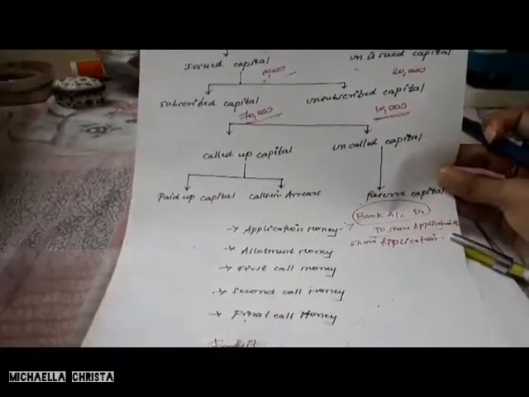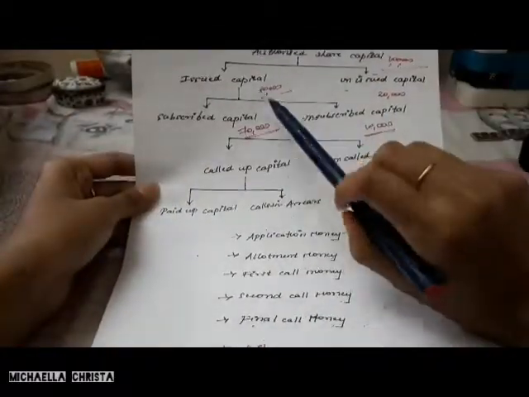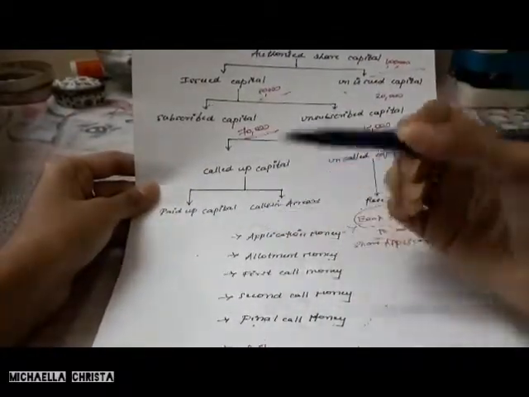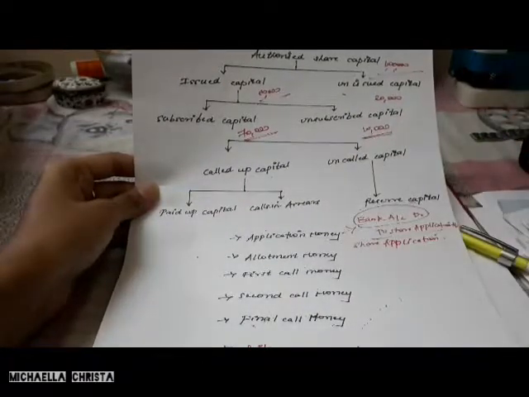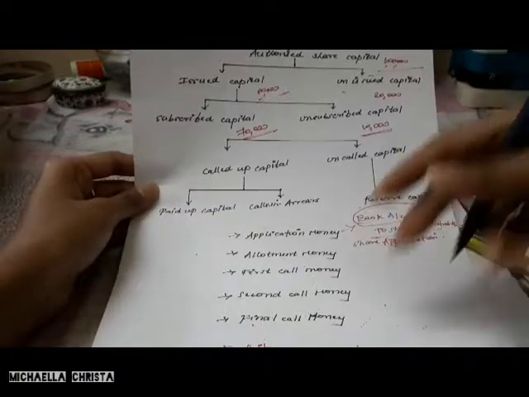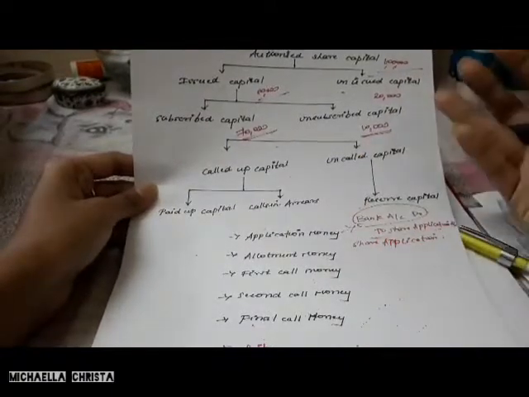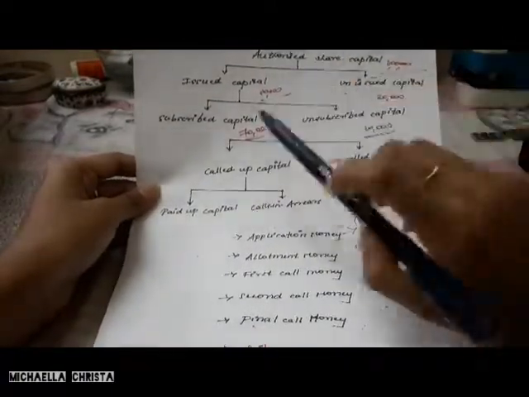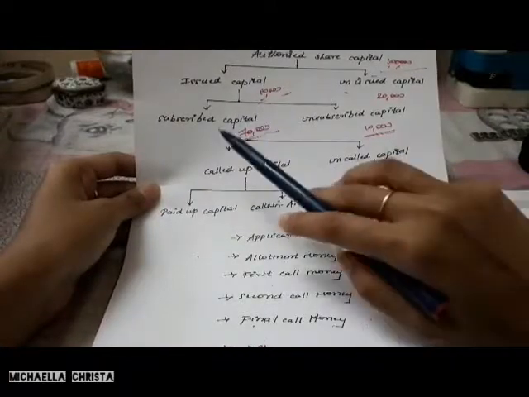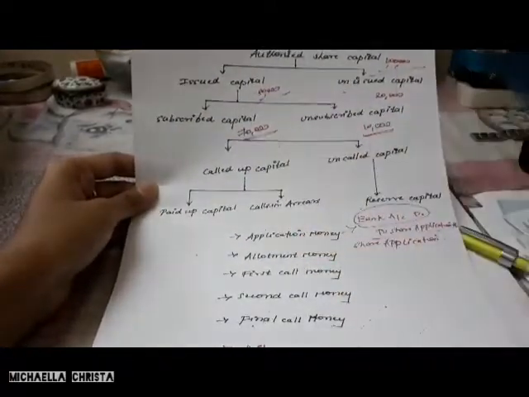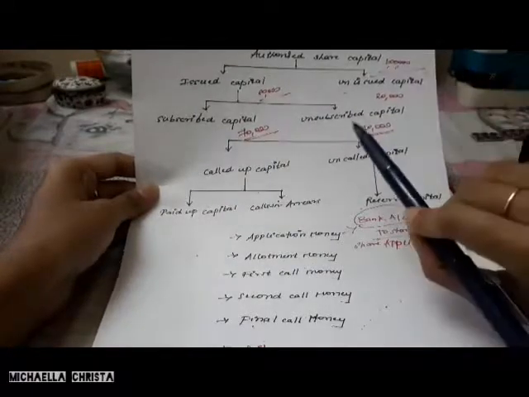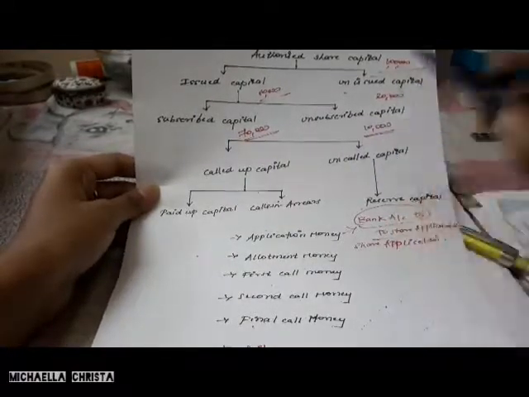Let's say only 70,000 worth of shares were subscribed by the public, and the remaining 10,000 were not subscribed. Only a few of the public offered to purchase the shares. So these 70,000 shares subscribed by the public are called subscribed capital. Those not subscribed by the public are called unsubscribed capital.